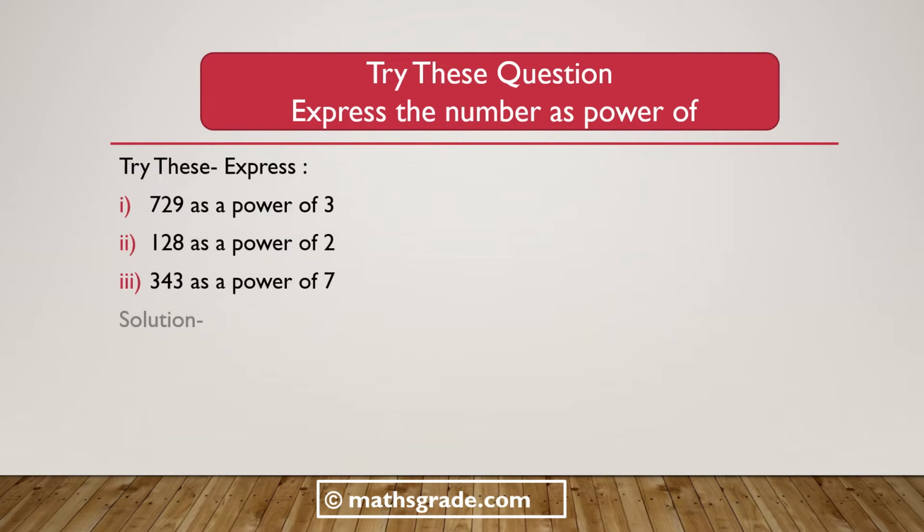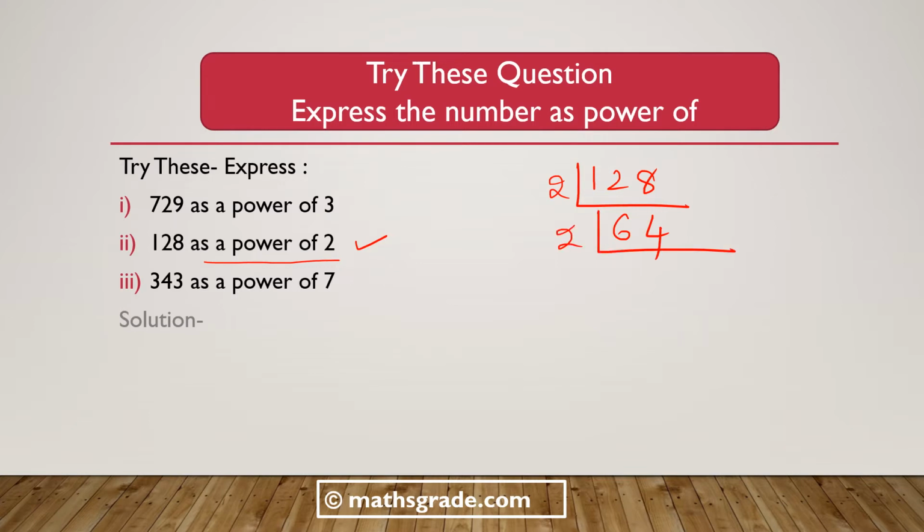Now we solve: express 128 as a power of 2. First we have to find the prime factorization of 128. The unit digit is 8, so it is divisible by 2. 2 times 6 is 12, 2 times 4 is 8.